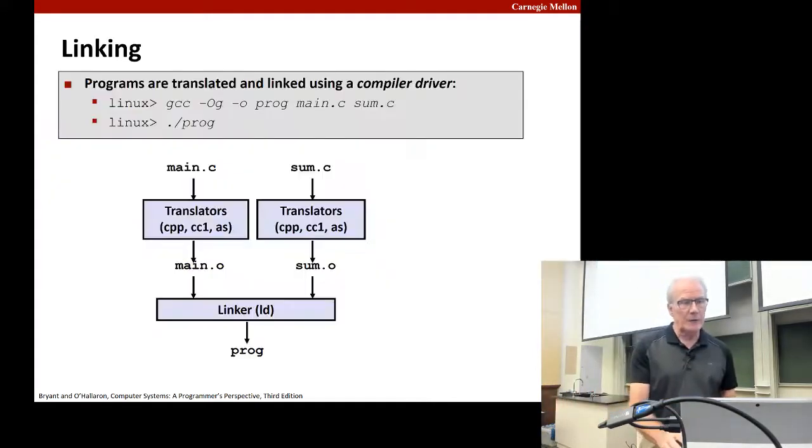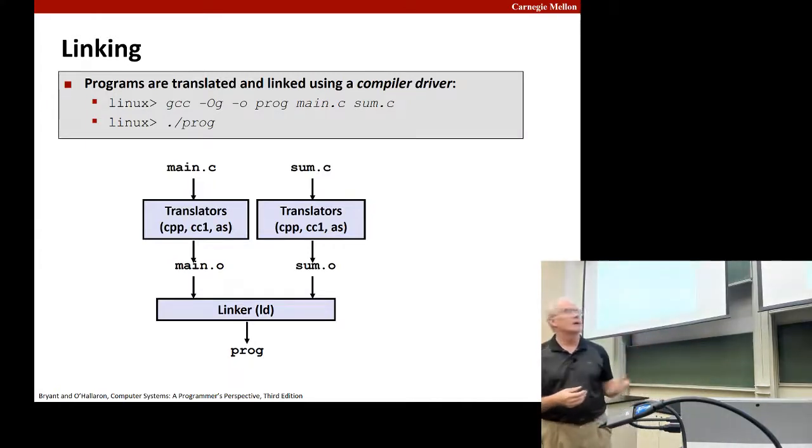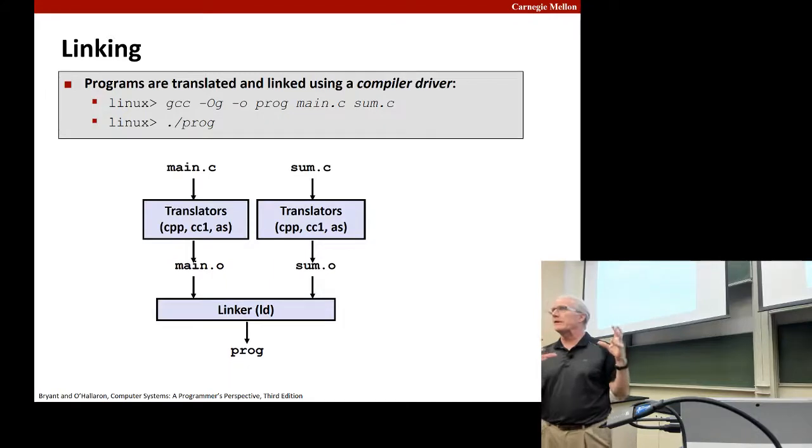So the job of a linker then is to, well, the normal compiler would take those 2 files and create .o files. But those are only partially parts of executable code, the .o files. They're like the representation of the individual files on their own. And it's the job of the linker to then pull those 2 together and also some information about the libraries to create an executable program, which we'll call prog here.